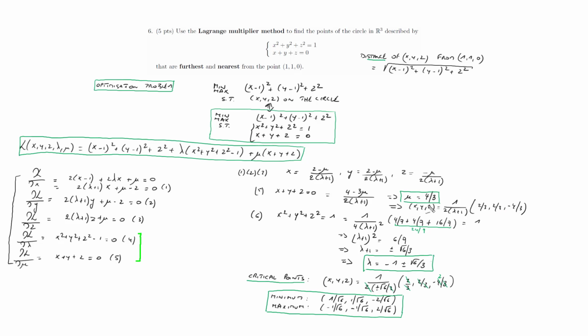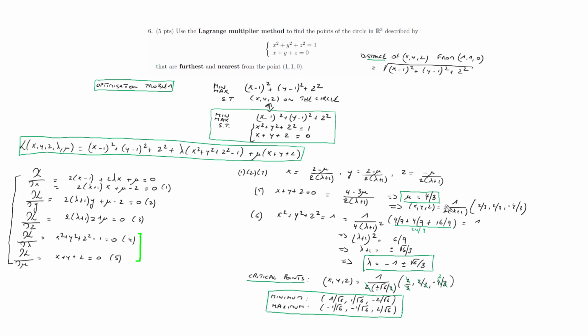Now we inject this thing here in the fourth equation, so the first constraint, and you obtain an equation in terms of lambda. If you solve this equation, and you see that it's not very difficult, you see that lambda is equal to -1 plus or minus the square root of 6 divided by 3.